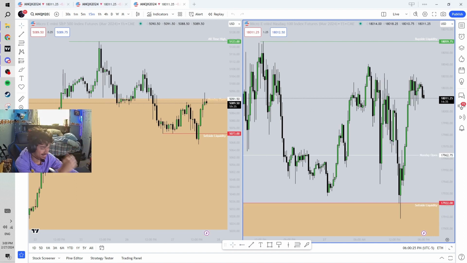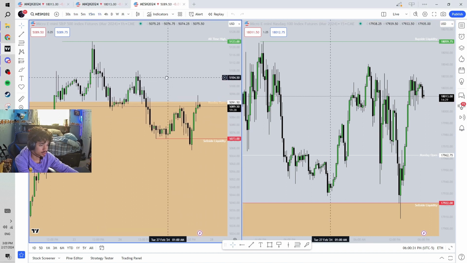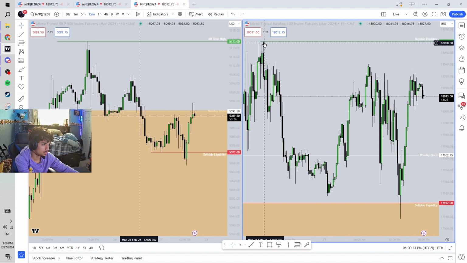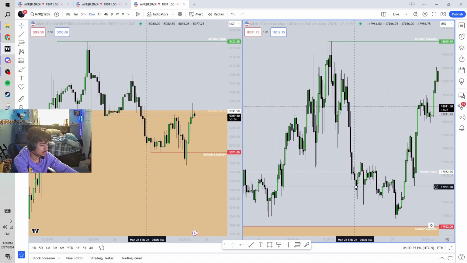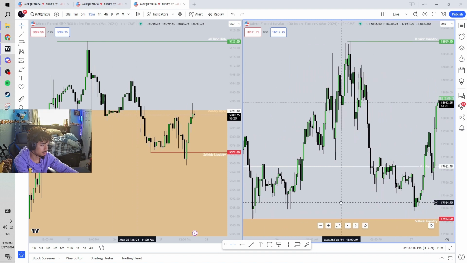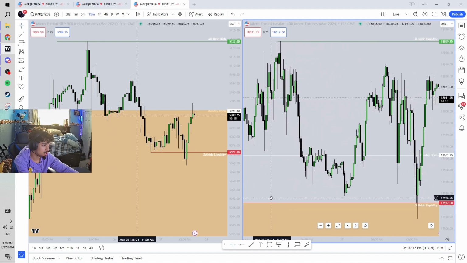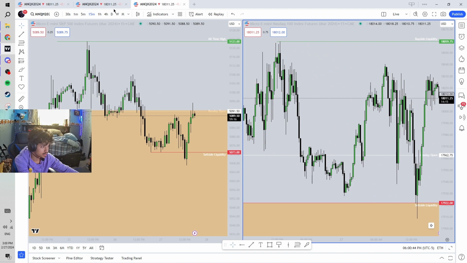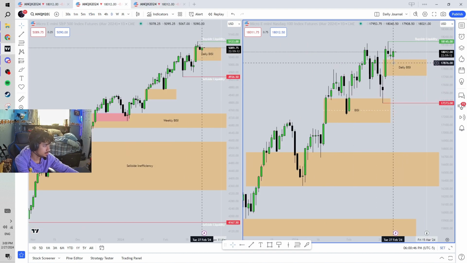Slim Trady back at it. Okay. So we were talking about this candle's high and then the sell side liquidity pull from Monday right here. I had favored lower prices and reaching into this daily BISI.